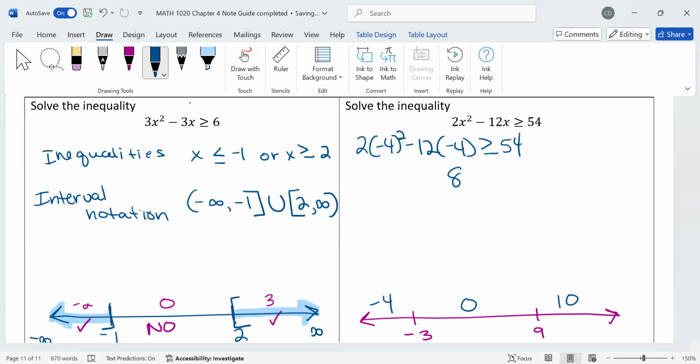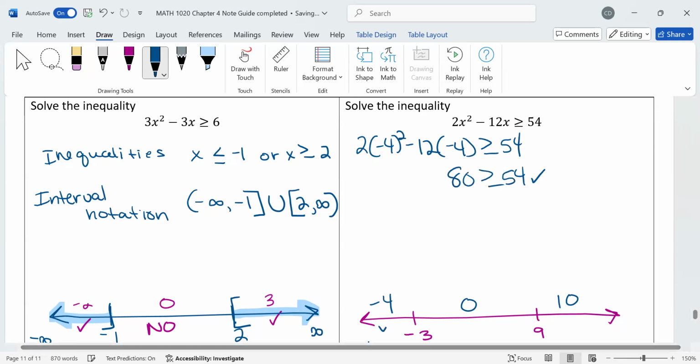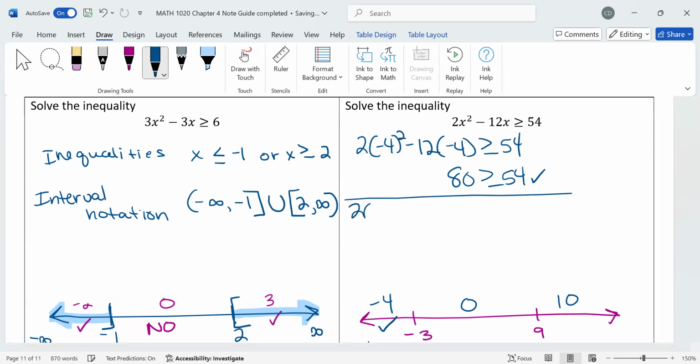80 is greater than or equal to 54, and that's true. Then we're going to plug in 0. So 0 is not greater than or equal to 54.